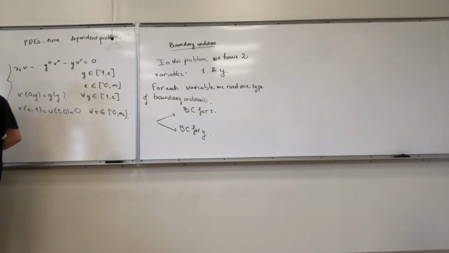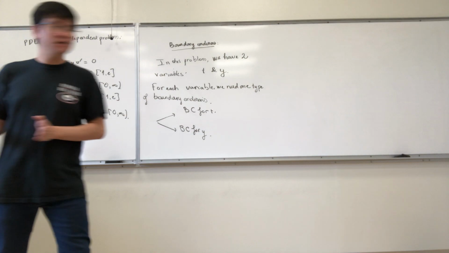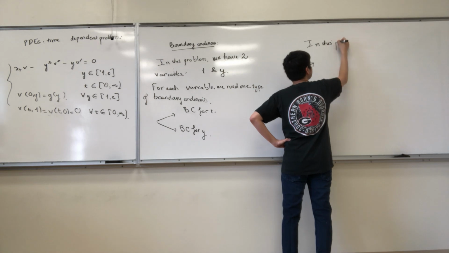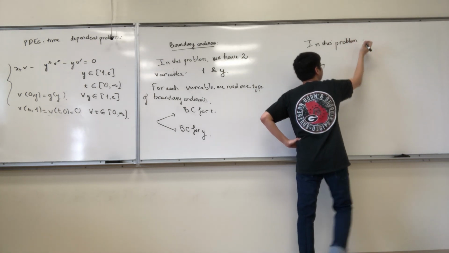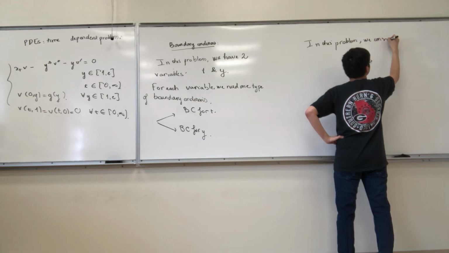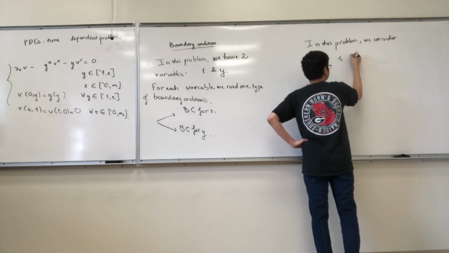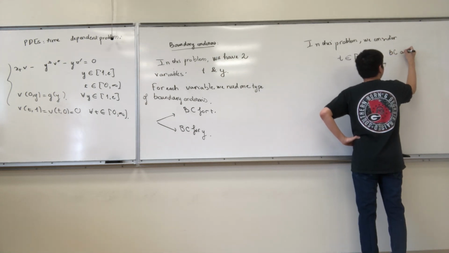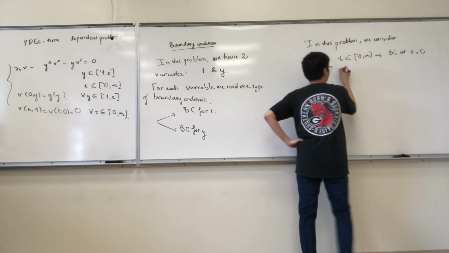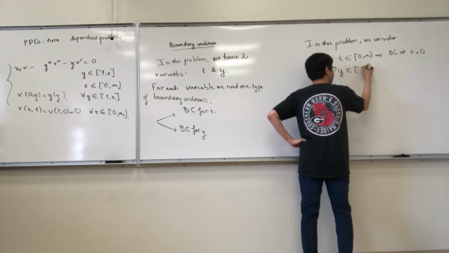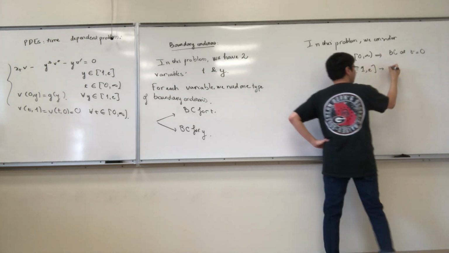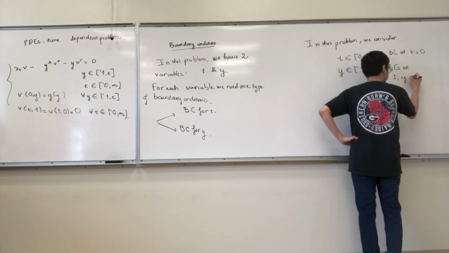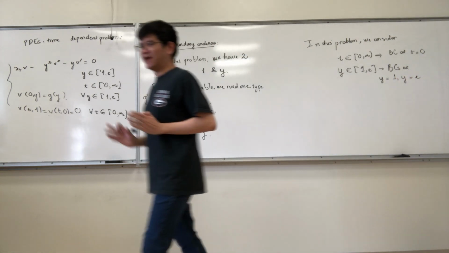In this case, I consider t from 0 to infinity, so we need a boundary condition at t equal to 0, and y is in 1 to e, so you need boundary conditions at y equal to 1 and y equal to e. So I explain again.